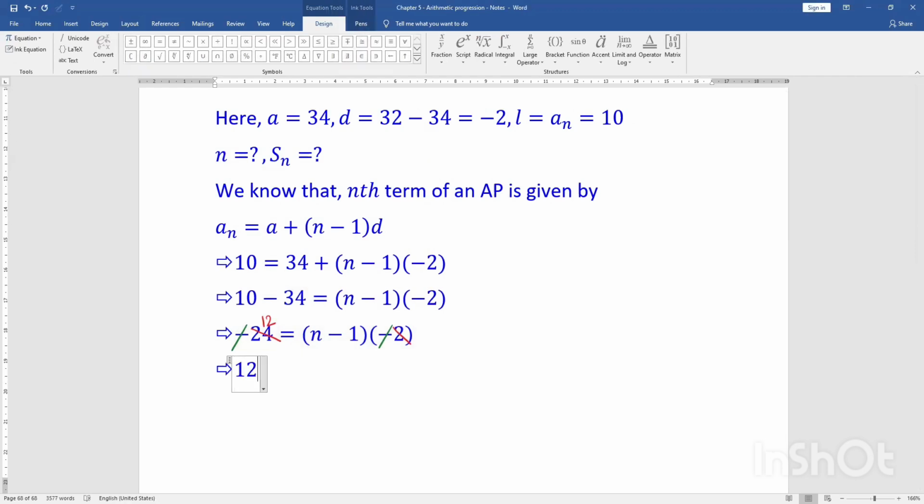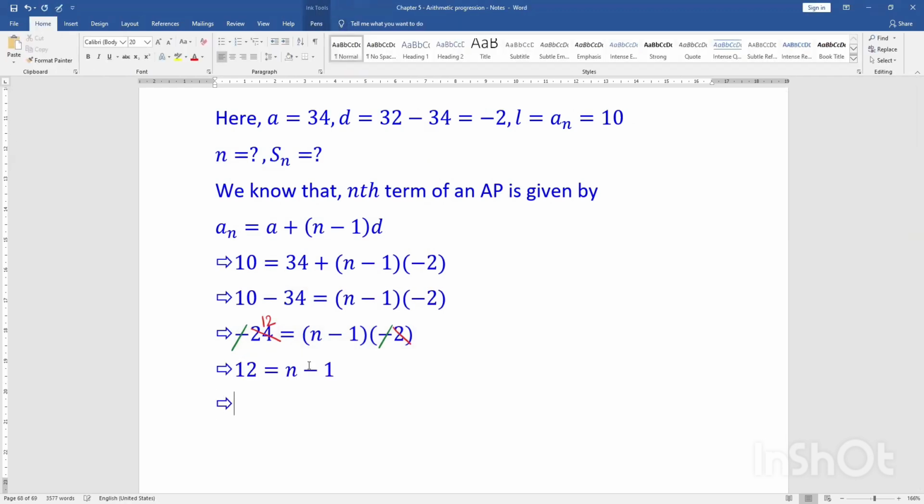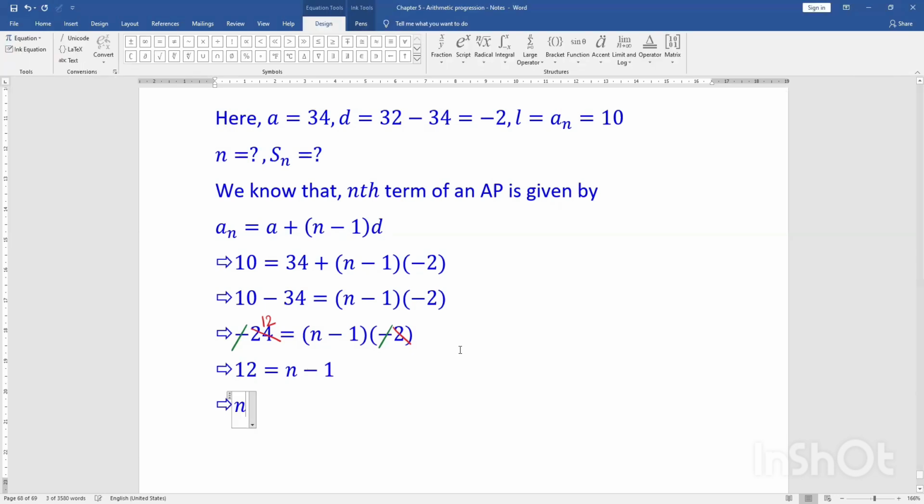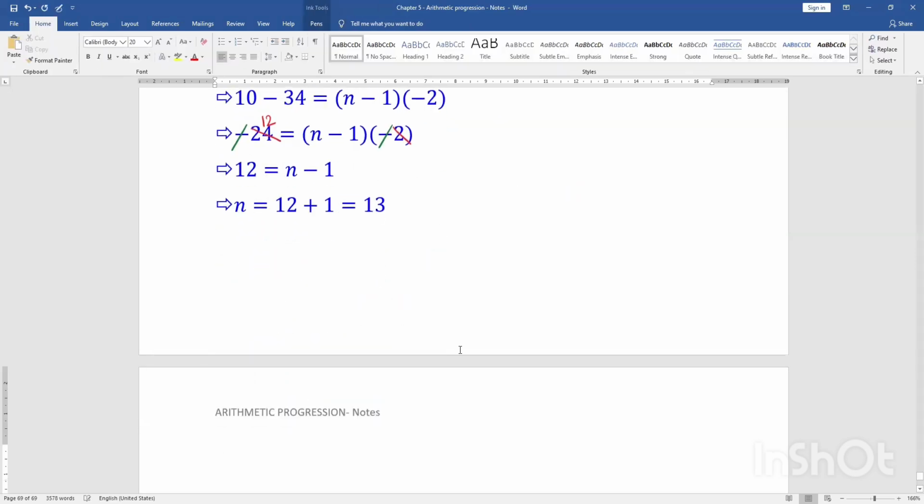So 12 equals n minus 1, which means n is equal to 12 plus 1, which is nothing but 13. Right, children?